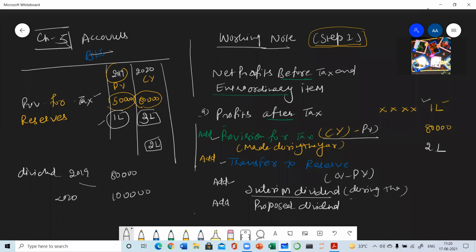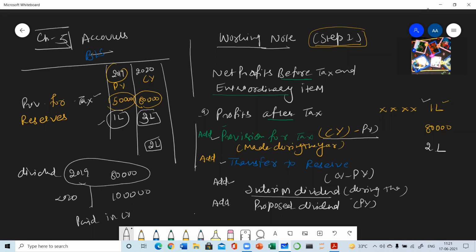So whatever proposed dividend was declared in the previous year will be paid in the current year. So cash flow will be affected only with the dividend of the previous year, not with the dividend of the current year. As the current year dividend is only declared, it will be paid in the next year. So for proposed dividend, you have to always consider the previous year.